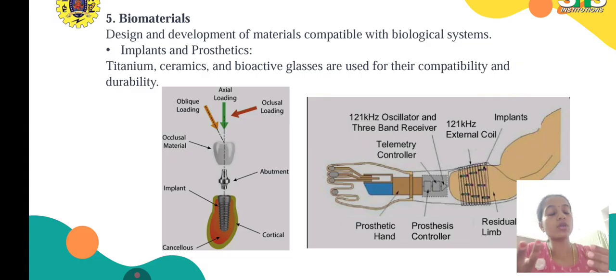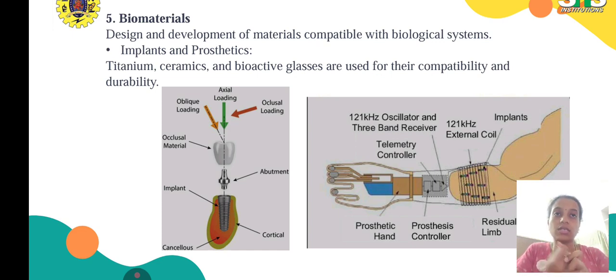As I told you in previous videos also, if we are going for a prosthetic leg or artificial limbs, we have to take the patient's muscles and nerves into account for developing a particular prosthetic leg or artificial limb. That is to be designed here.